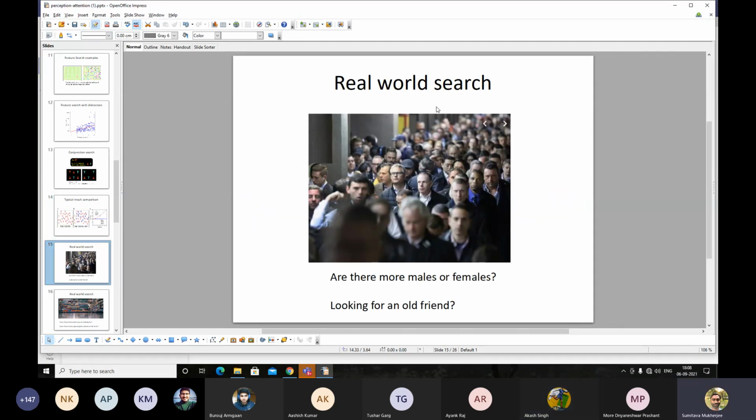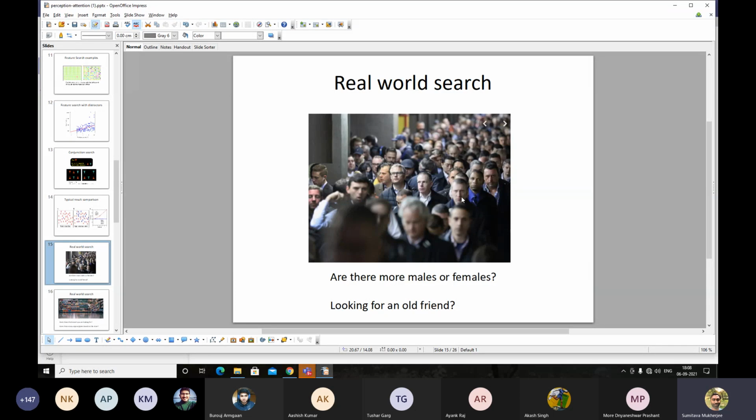All right, so this is a real world search example, and this is what we often do. This is a crowded scene, and you can ask this question: are there more females or males? Or you can ask another question: if you're looking for an old friend. Now, depending on what the goal is, my attention on the search mechanism is going to change.